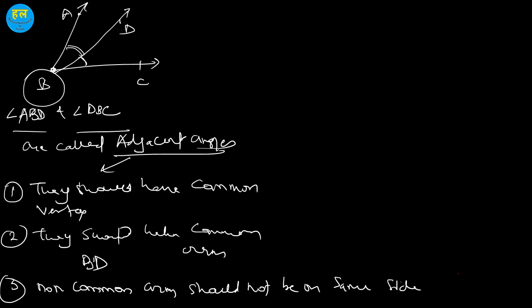Next, this is the vertex, these are the arms, same: this is B, this is A, this is D, this is C. Again, we know that these are adjacent angles, right?